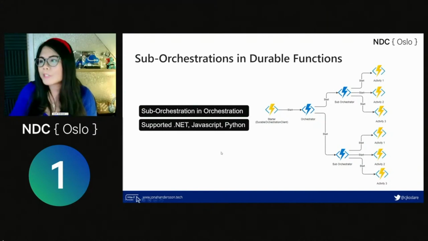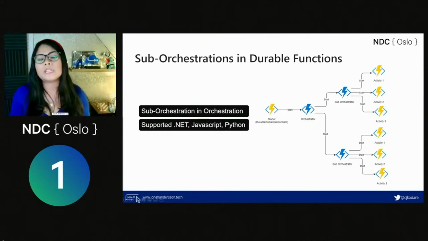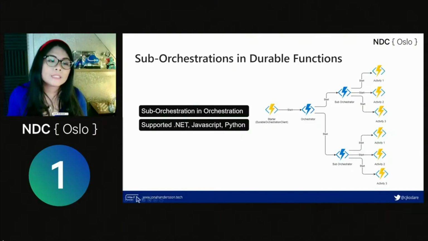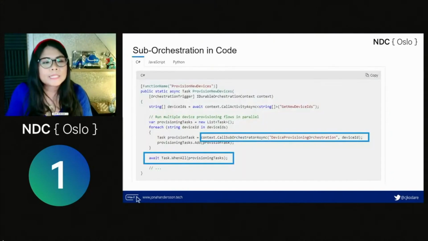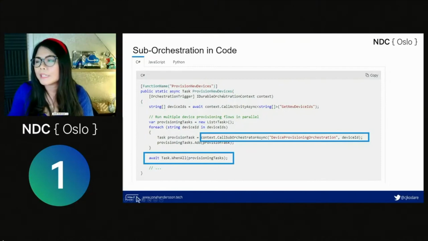So in durable functions, you can have sub-orchestration in your orchestration, in your workflow. It is possible to do only in a few languages so far: .NET, JavaScript, and Python. And this is how it looks in the code. As documented, we have a function called provision new devices, and then we have our durable orchestration context.